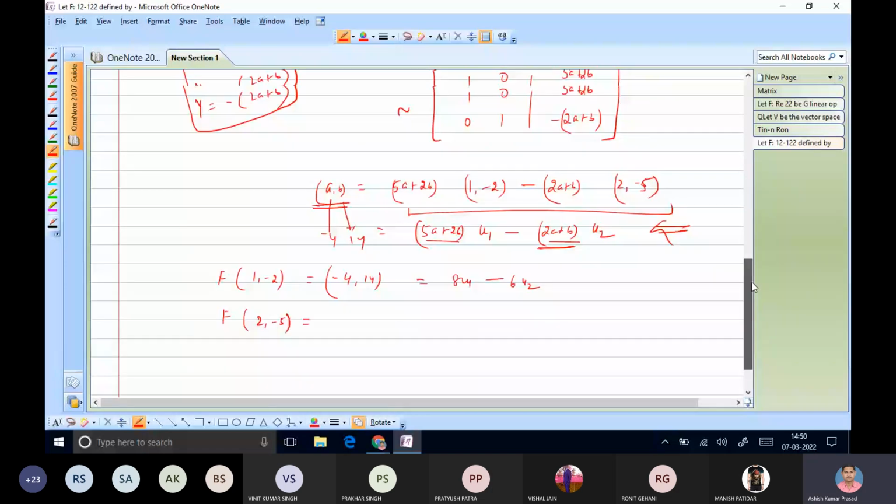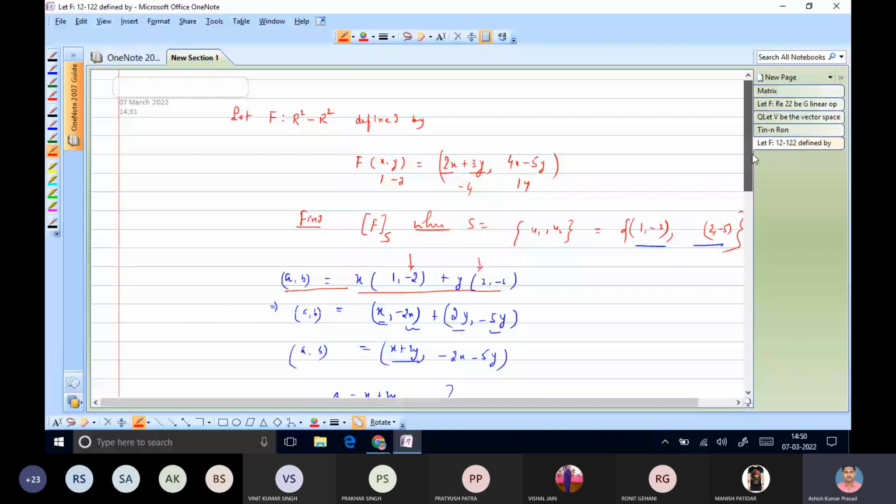I will substitute 2, -5 in the definition of f, and let's see what I am getting. 2 ones are 2, minus 15, so I am getting minus 11. And here 4 2s are 8, minus plus 25, 8 33. So minus 11, 33.